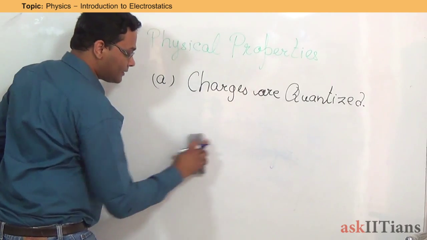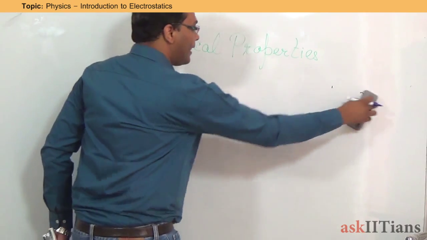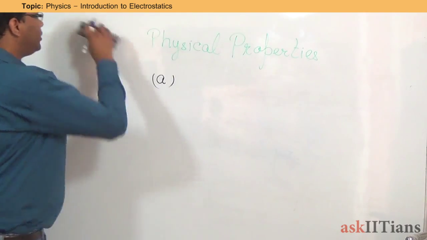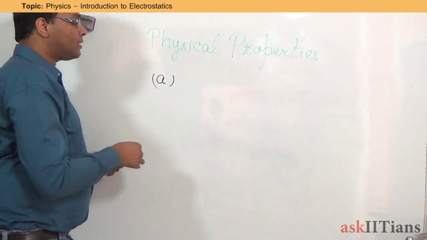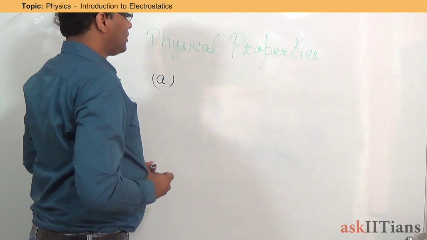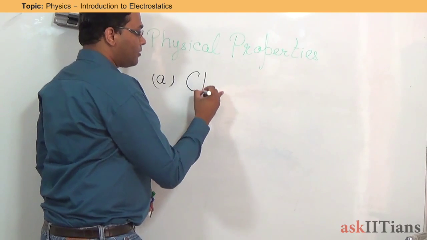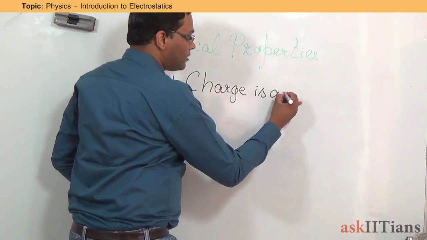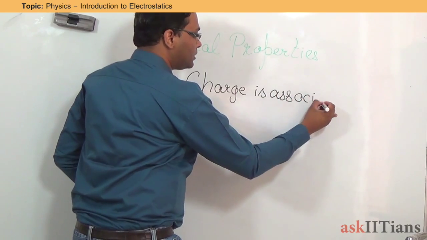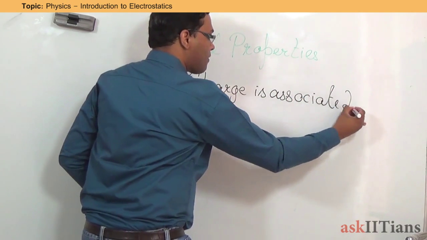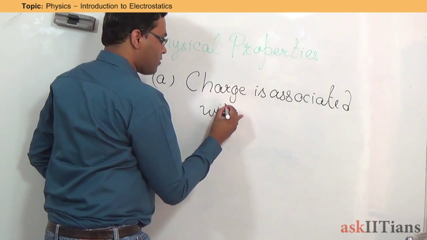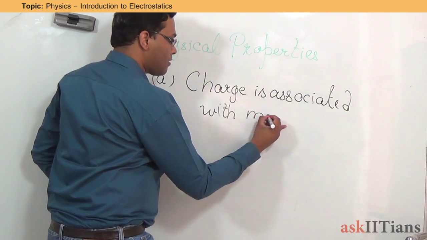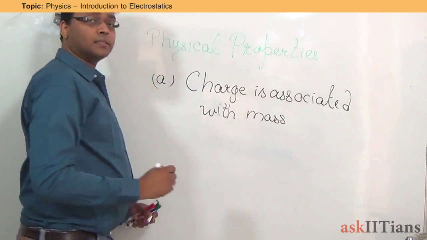Then the next point is that every charge is going to be associated with some mass. So we say that charge is associated with mass.